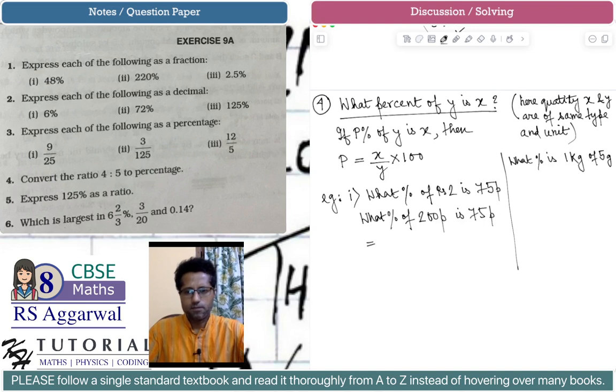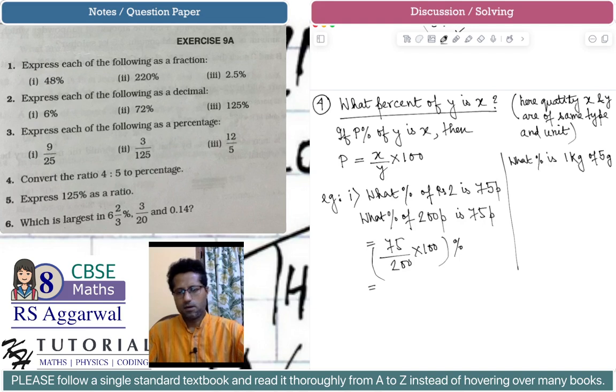So the answer is 75 divided by 200 multiplied by 100, this percentage, and 100 cancels 200 with 2, and this is 37.5 percentage. 75 by 2 is 37.5, this much percentage.